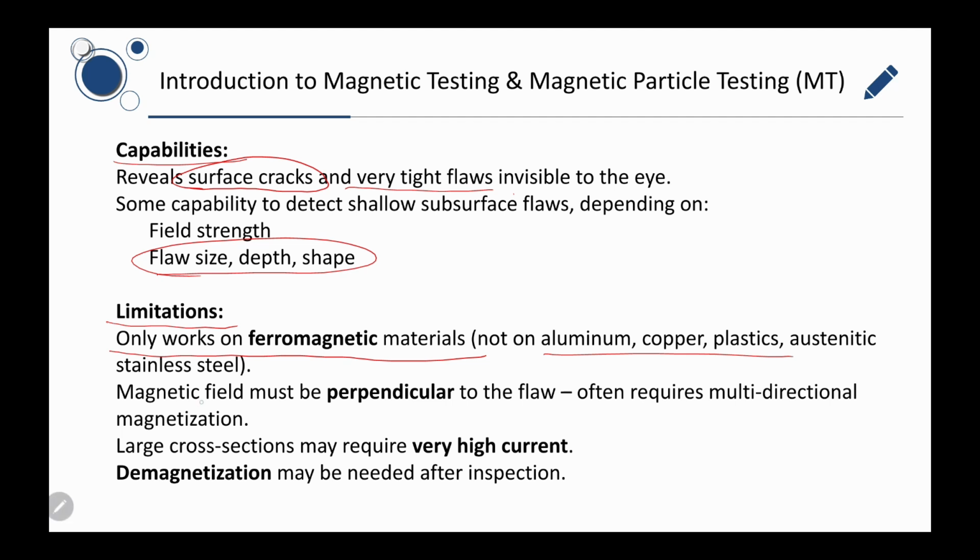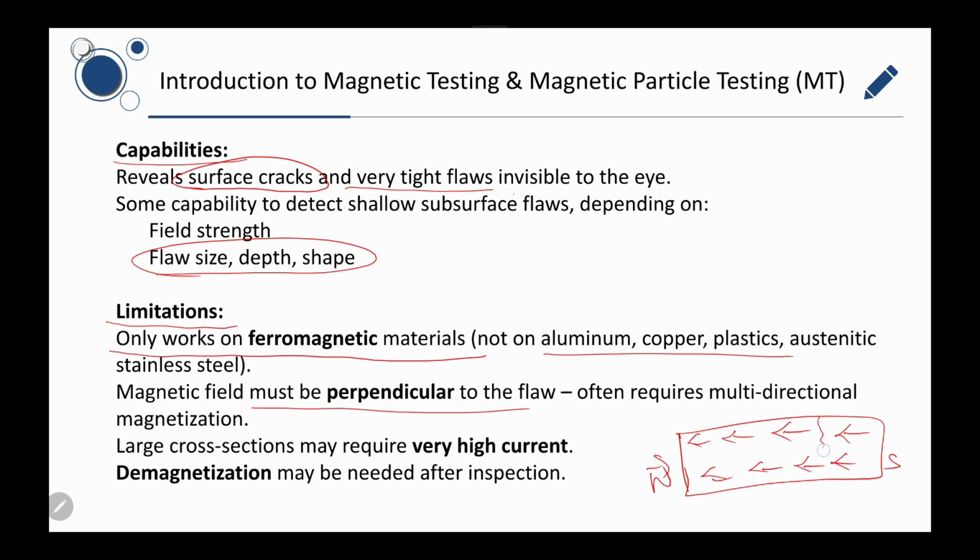Magnetic field orientation is critical because cracks are best detected when the magnetic field is perpendicular to the flaw. If the crack is parallel to the magnetic field direction, it may not be detected, so it often requires multi-directional magnetization to ensure complete coverage.